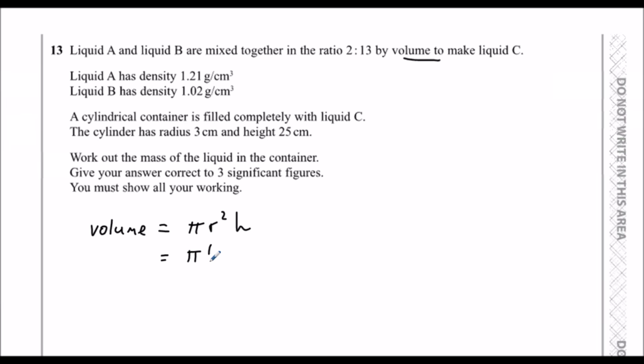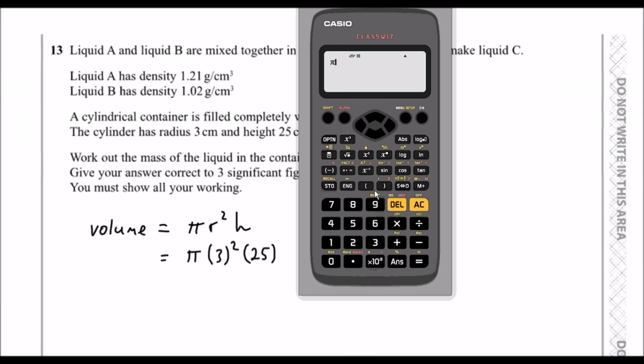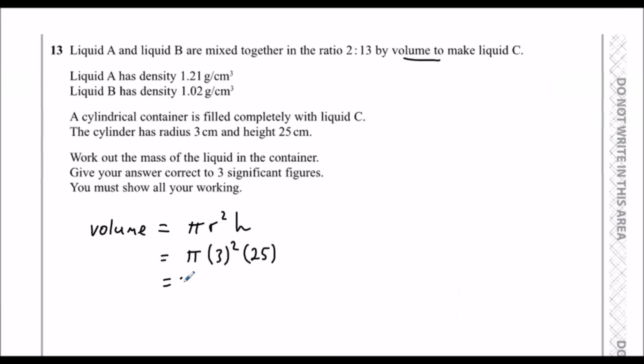So it's going to be pi times 3 squared times 25, which gives us 225 pi. And that is in centimeters cubed.